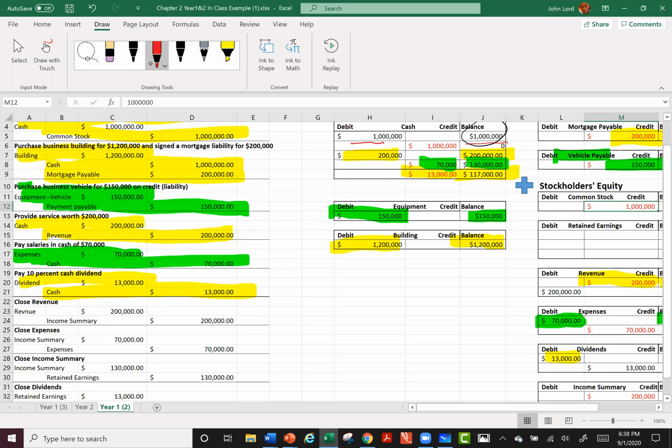Okay, so now I'm going to prepare my financial statements, and I'm going to prepare them in order. What's the first financial statement I'll prepare? The income statement. Good.